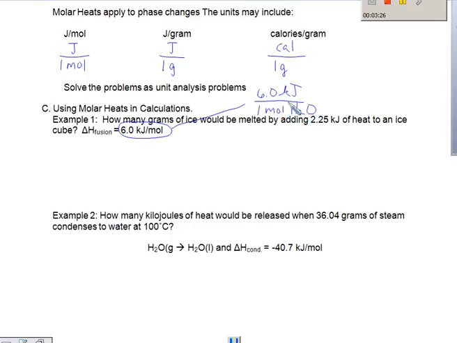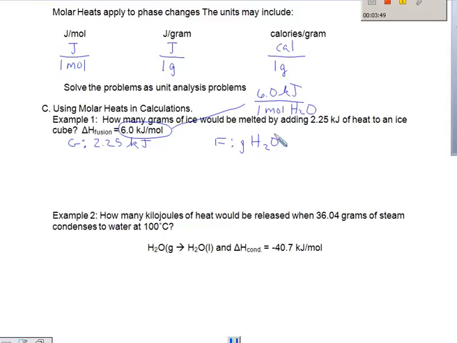So let's work the problem. We're going to identify our given, and our given in this case is 2.25 kilojoules of heat. So 2.25 kilojoules. Our find is going to be grams, and it's ice, so it's H2O.